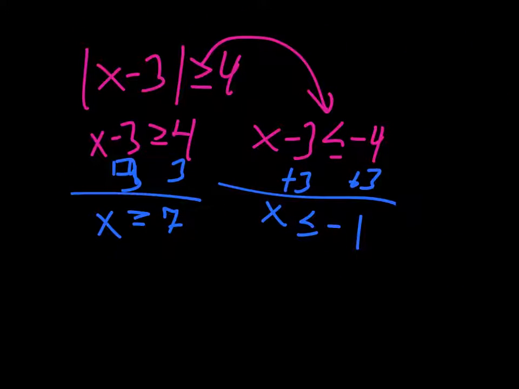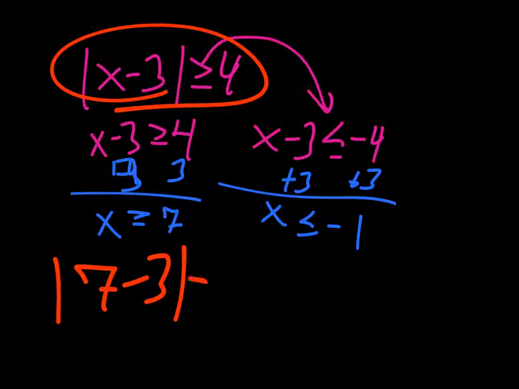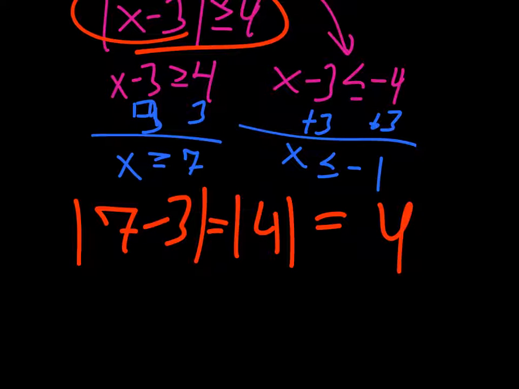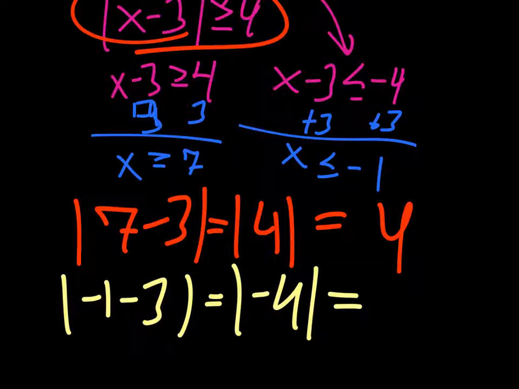Plug both into your original inequality up here, and you will see that I am accurate. 7 minus 3 gives us absolute value of 4 equaling just 4, and negative 1 minus 3 gives us negative 4. Absolute value of negative 4 is just 4. Either way, you get 4.